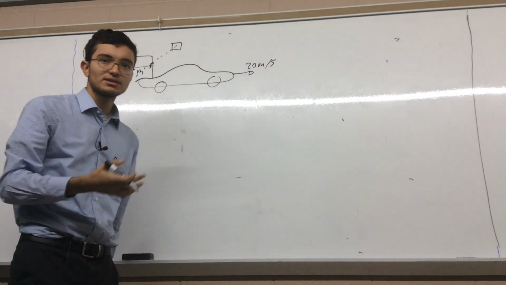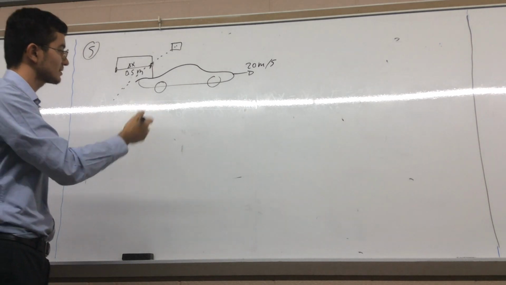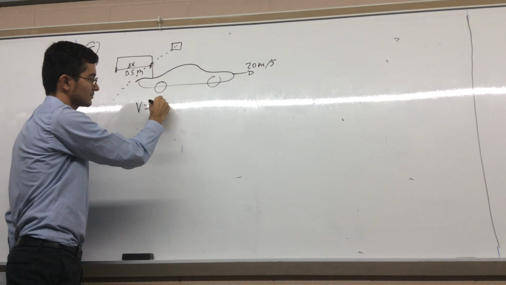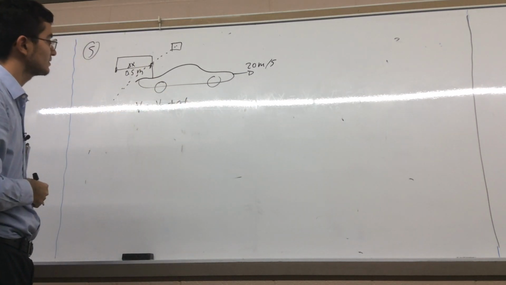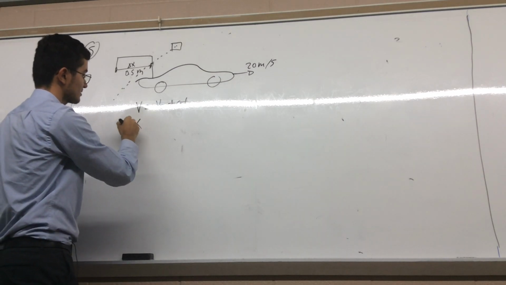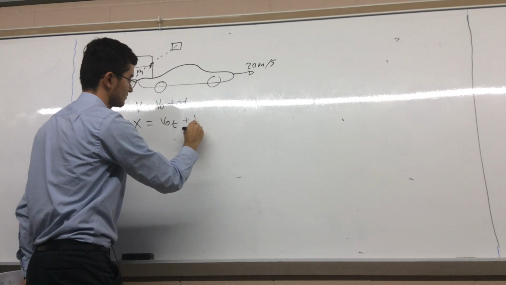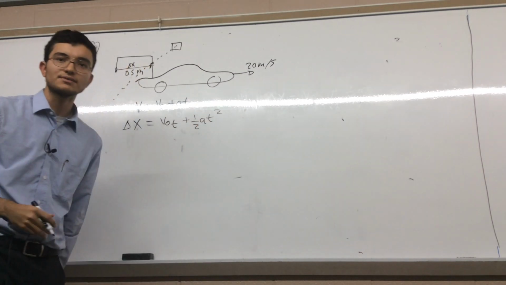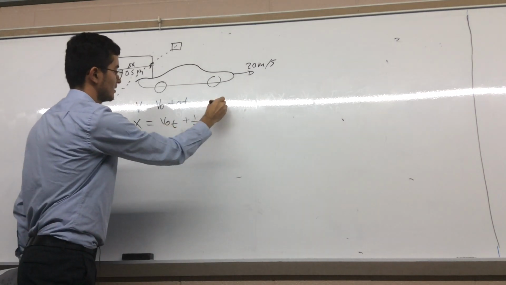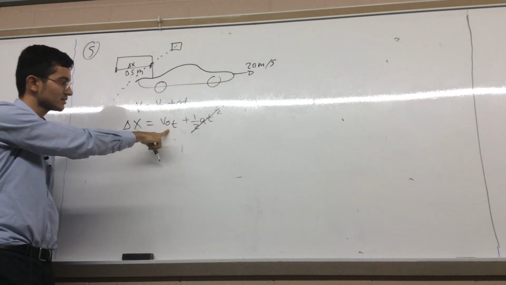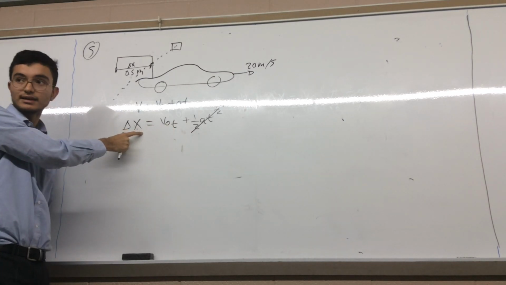So we could try the first kinematics equation, maybe? No, because the first kinematics equation doesn't have distance, so that doesn't help us. But what about the second kinematics equation, delta x is equal to V0 t plus 1/2 a t squared? That definitely works, because we don't have acceleration, do we? But we do have the initial velocity, or the average velocity, and we want to find time. And we definitely have delta x.